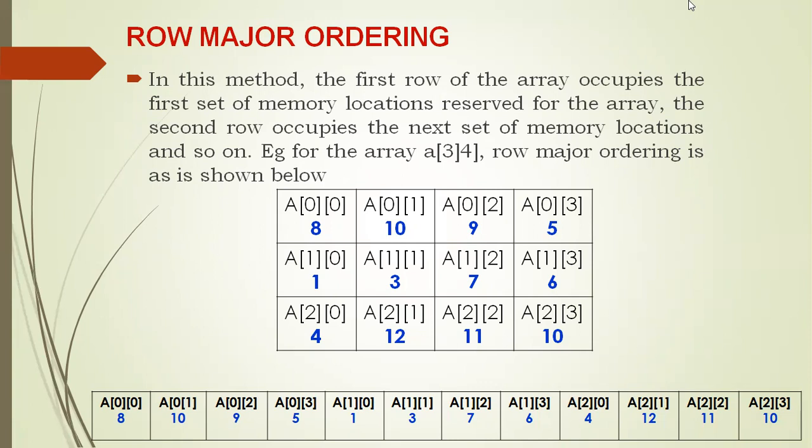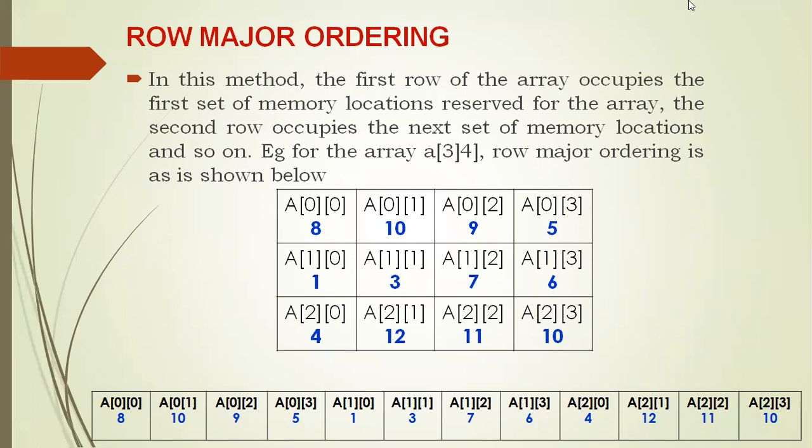And the elements of the third row are stored in the next 4 locations. So first 4 locations, first row. Next 4 locations, second row. And the last 4 locations, third row. So altogether, the number of elements in the matrix is 3 rows by 4 columns. In row major ordering, it is represented as a one-dimensional array of 12 elements.